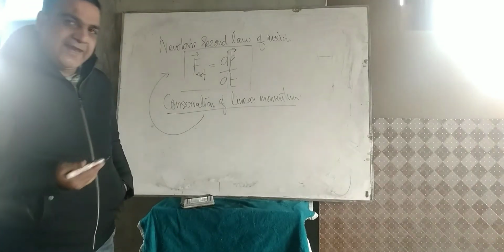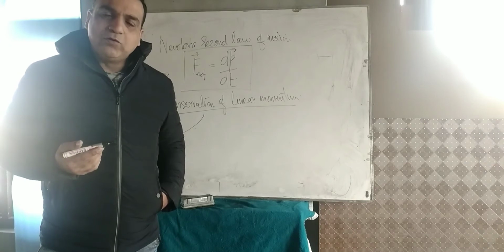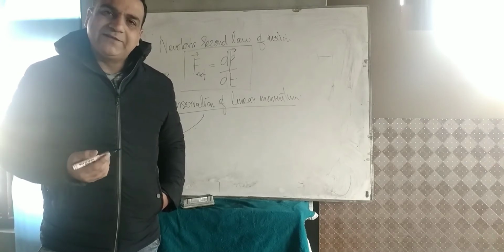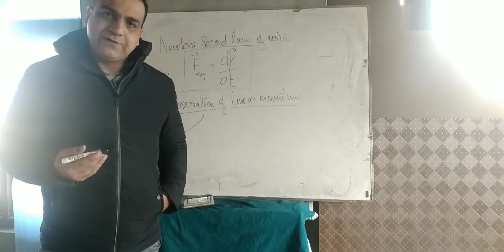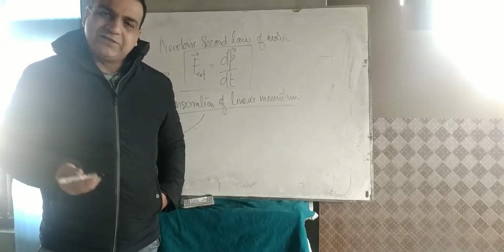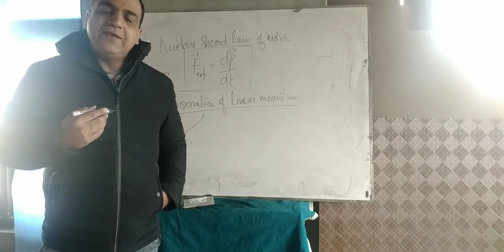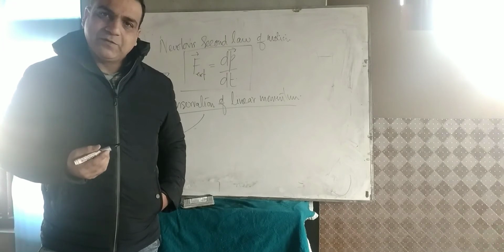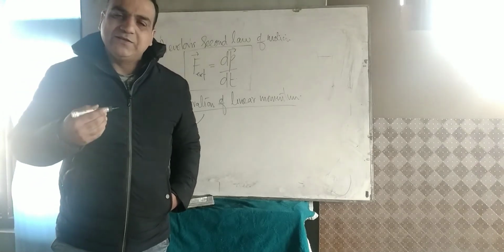The other way of stating the law of conservation of linear momentum is that if the net external force acting on a system is zero, then the total linear momentum of that system must remain constant, must be conserved.